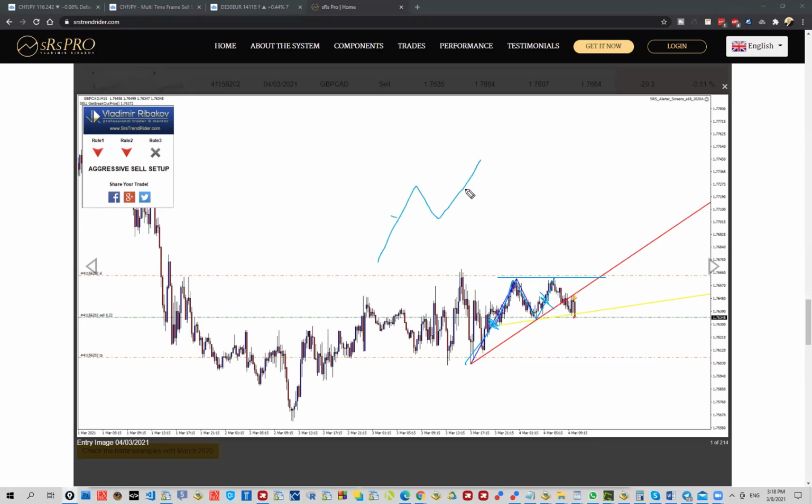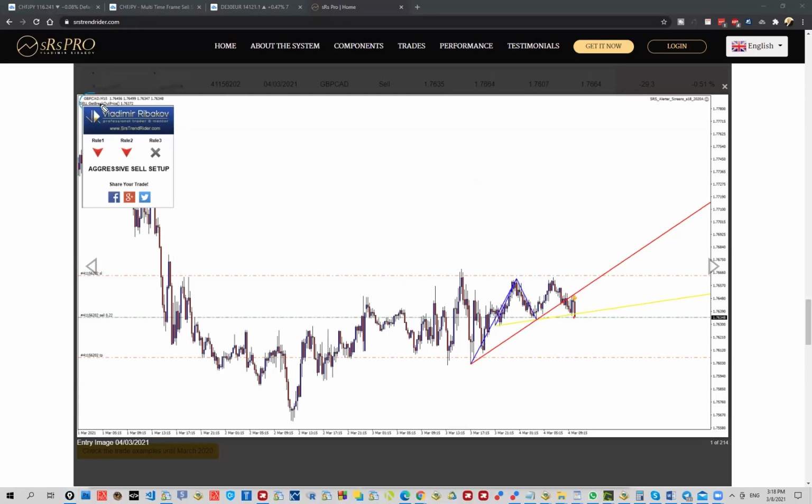I'm looking for symmetry here, or at least 61.8 for the second leg, right? In this case, none of that is happening. And even if we consider it as some sort of double top, we don't have a real breakout below. And this one is not a trend line. So this entry setup, in terms of the actual entry setup, I would be skipping it, definitely.